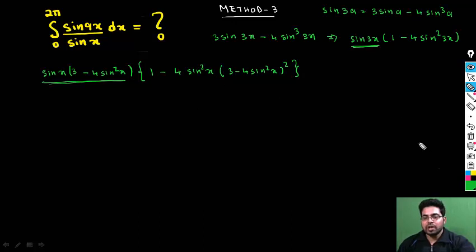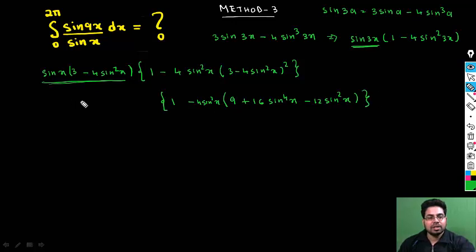So if I square this term, this expression would become 9 plus 16 sine to the power 4 x minus 12 sine square x minus 12 sine square x, and outside we have minus 4 sine square x and 1, and here we have sine x into 3 minus 4 sine square x.